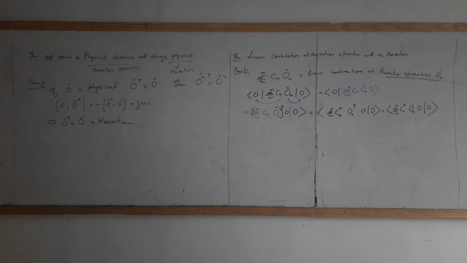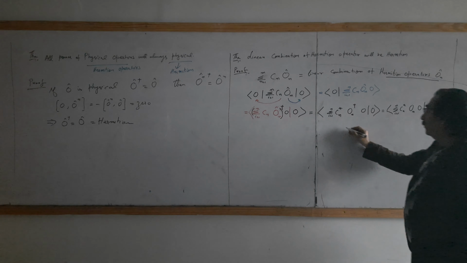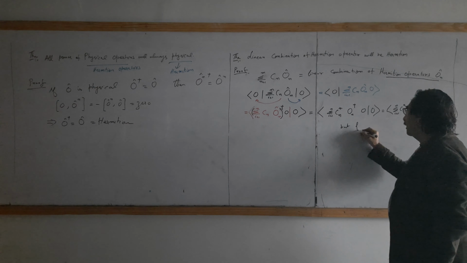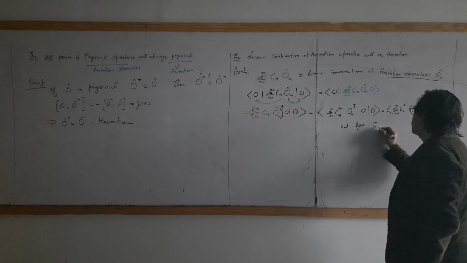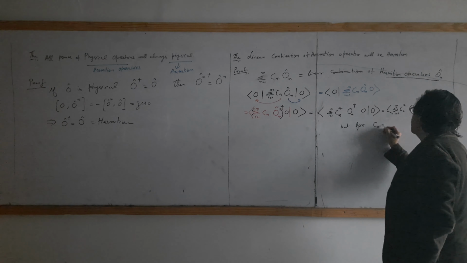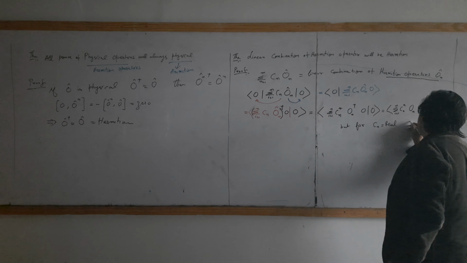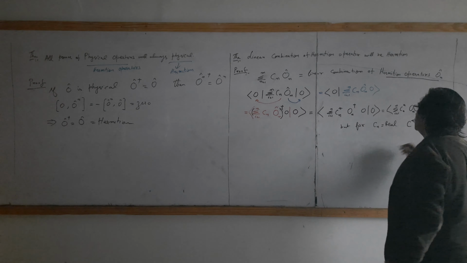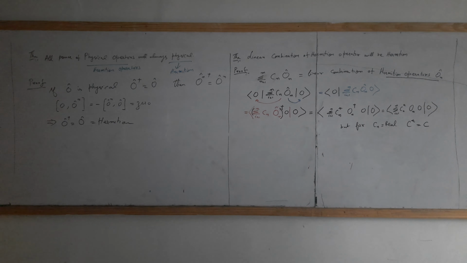But for real C, C conjugate is equal to C. For real C, the linear combination, usually we take as real. But if that is complex, then it will not be Hermitian.